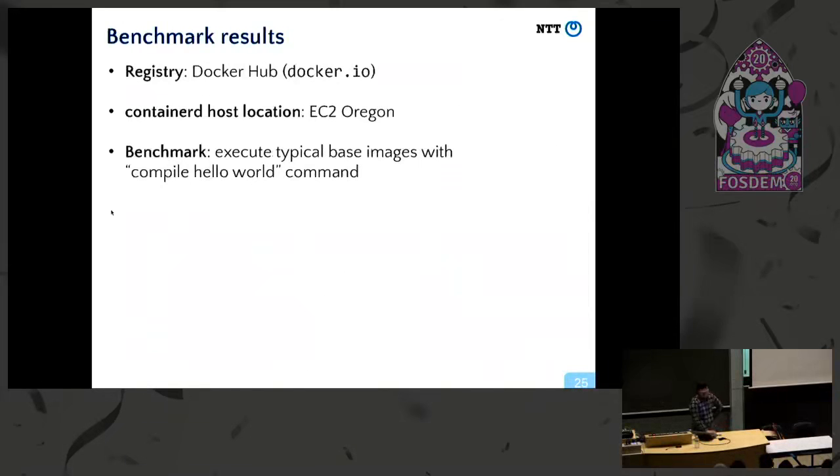And here are some benchmark results using Docker Hub. The containerd host was located in the EC2 Oregon region. For the benchmark, we used typical base images with a compile hello world workload.